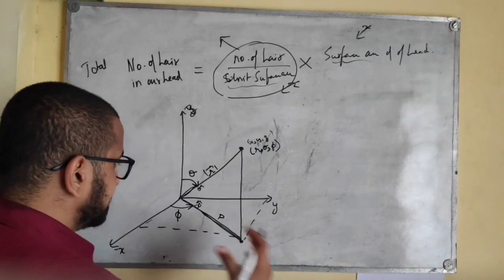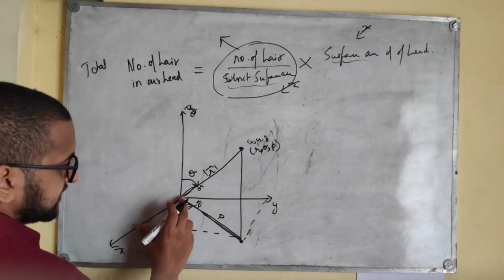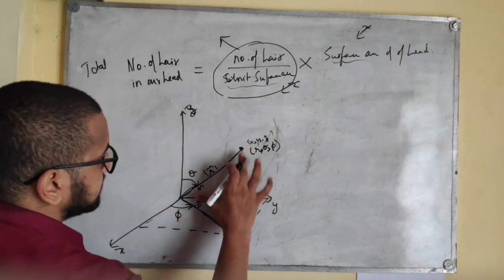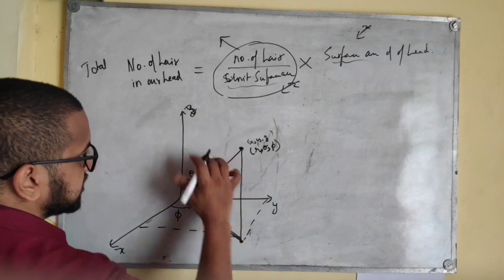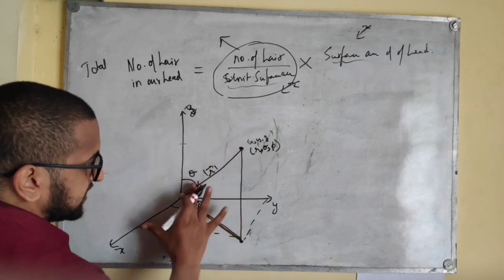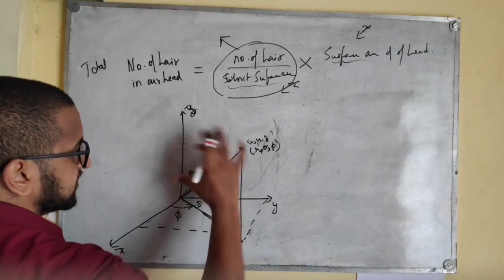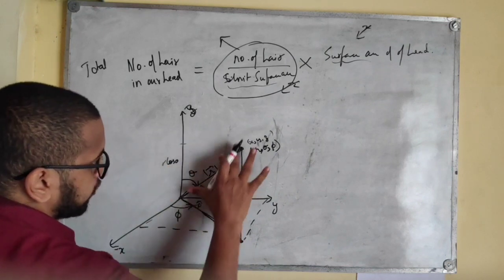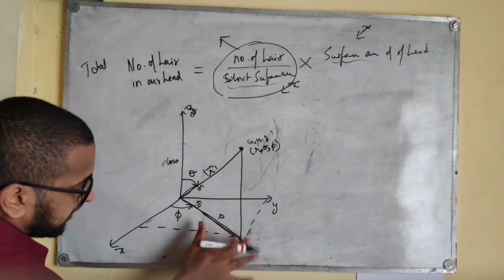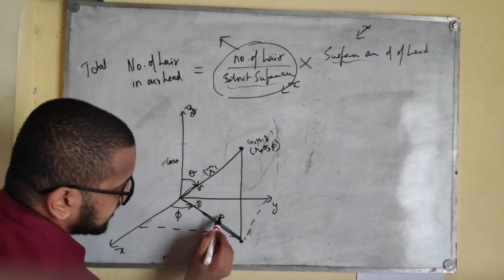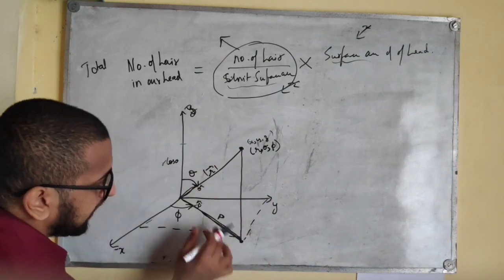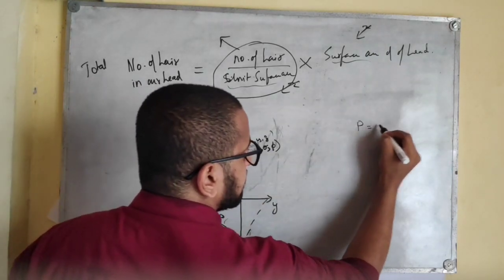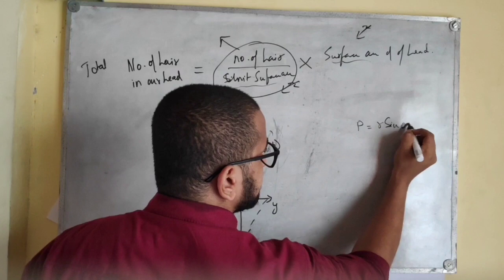Now let us see the distances. This is r, and the distance of this vector projected in the z direction is going to be r cos theta, and the projection of this r in the xy plane, this distance p, is going to be r sin theta. So let p be r sin theta.